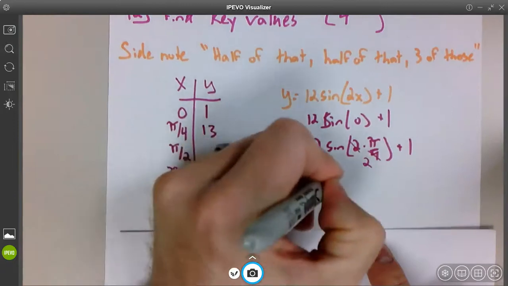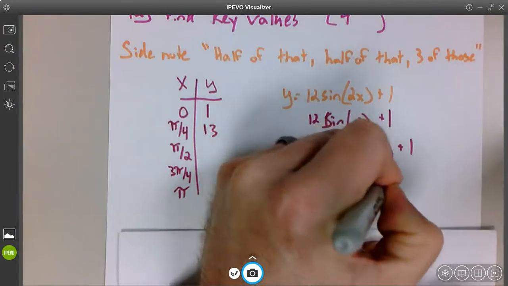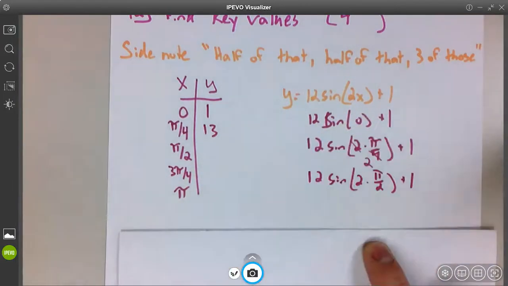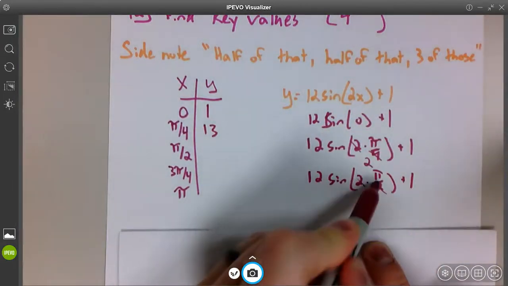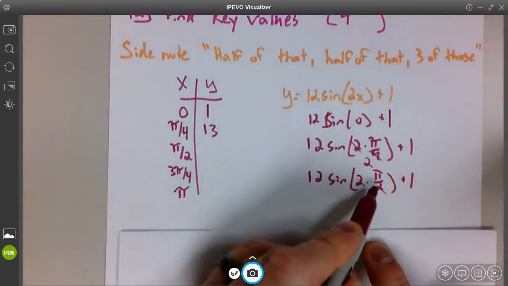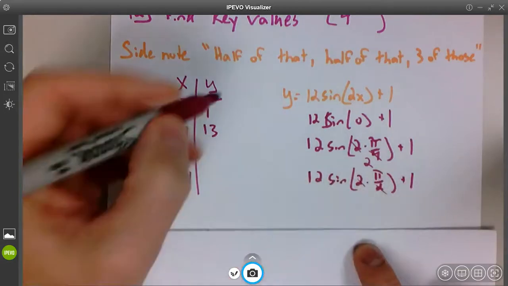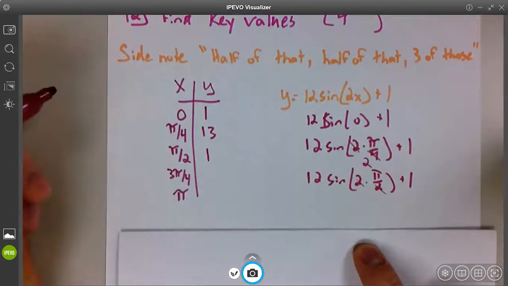The next one, 12 sine of 2 times, what are we plugging in? Pi over 2 this time, plus 1. 2 times pi over 2 is just pi. That's 180 degrees. The sine of 180 degrees, the sine of pi, is 0. Times 12 is 0. Plus 1 is 1. Okay.